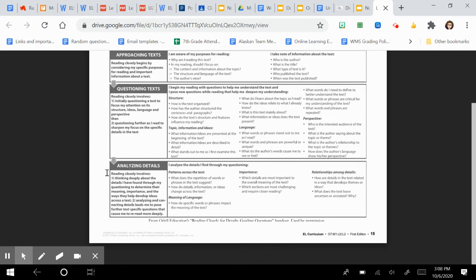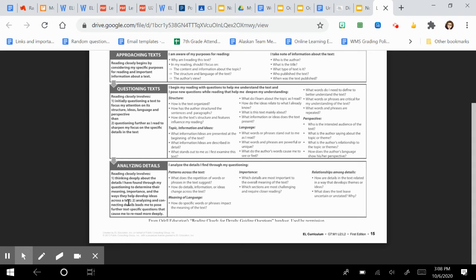Here, reading closely involves, 1, thinking deeply about details I have found throughout my questioning to determine their meaning, importance, and the way they help develop ideas across the text. And 2, analyzing and connecting details leads me to pose further text-specific questions that cause me to reread more deeply.